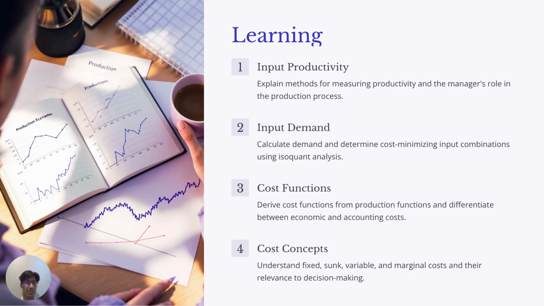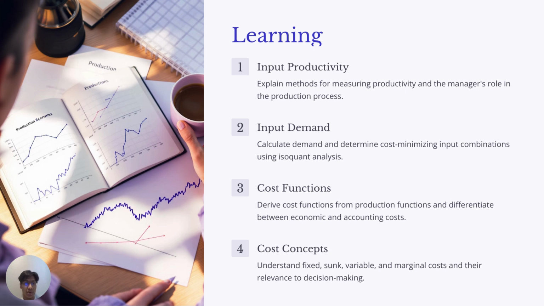First things first, learning objectives. To begin, let's review our learning objectives for this session. We will start by understanding how to measure the productivity of various inputs and outputs and how managers can influence the productivity. Then, moving on, we will explore how to calculate the demands for inputs using isoquant analysis and identify the optimal production functions.